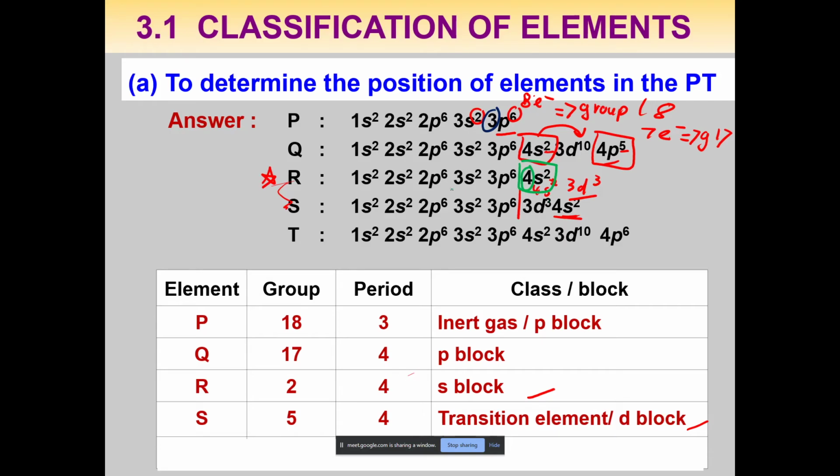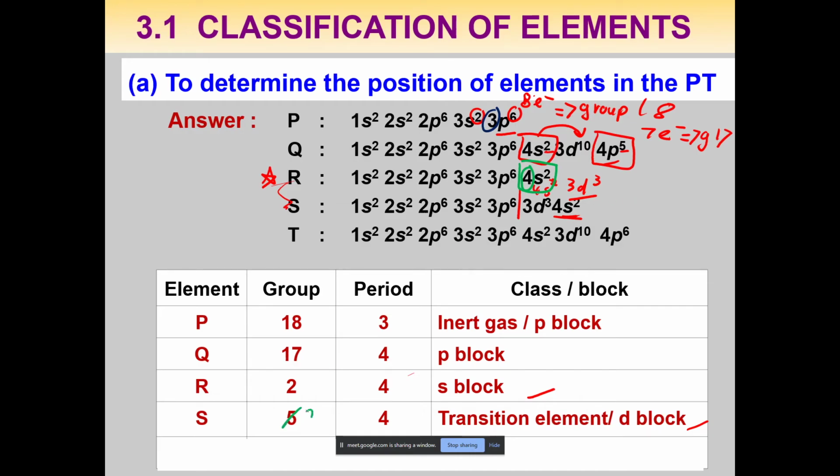Right? So why S is group 5? Because S only got 4s2. But why the group is in group 5? It is actually group 2. So ini salah ni.